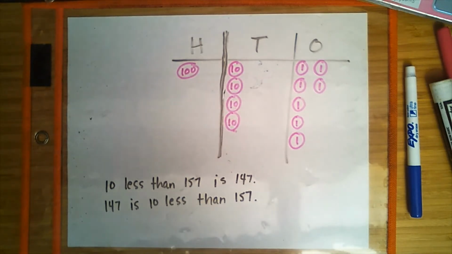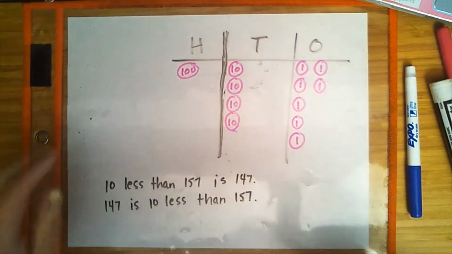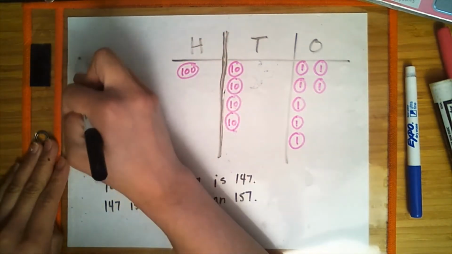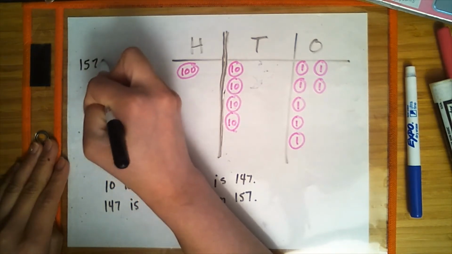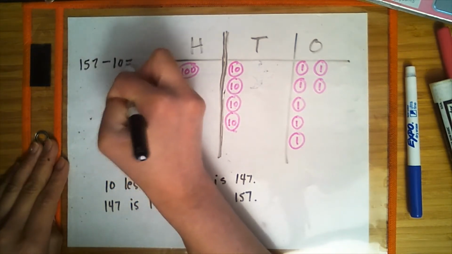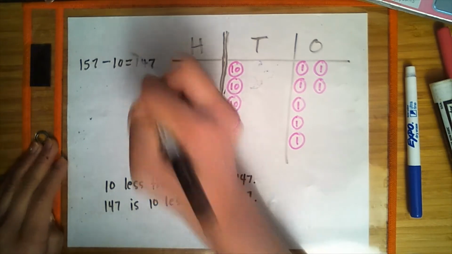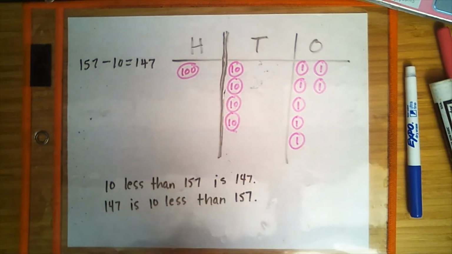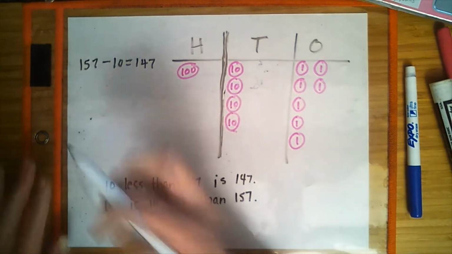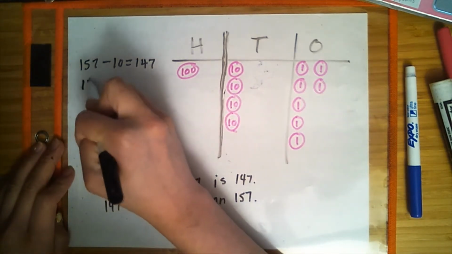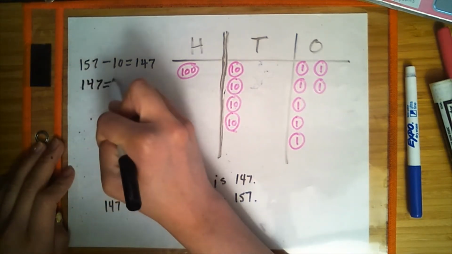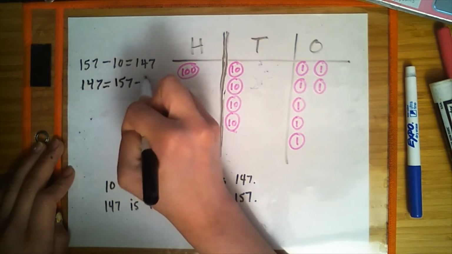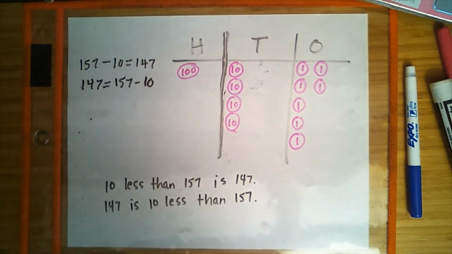Great. Now let's write our number sentences. 157 minus 10 equals 147. Now, writing a subtraction number sentence starting with 147. 147 equals 157 minus 10.